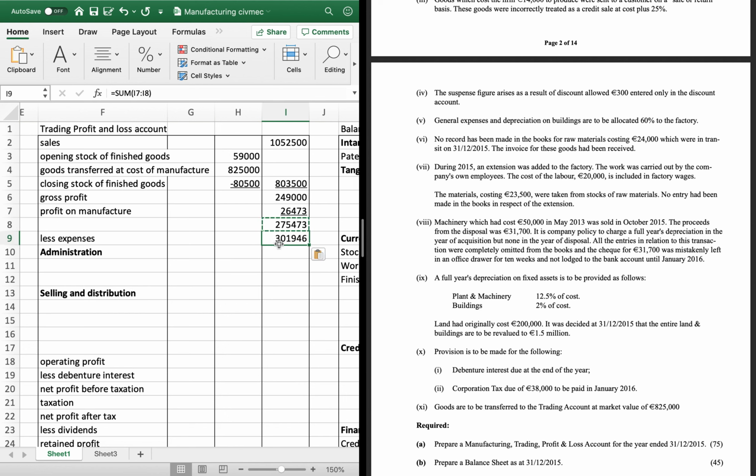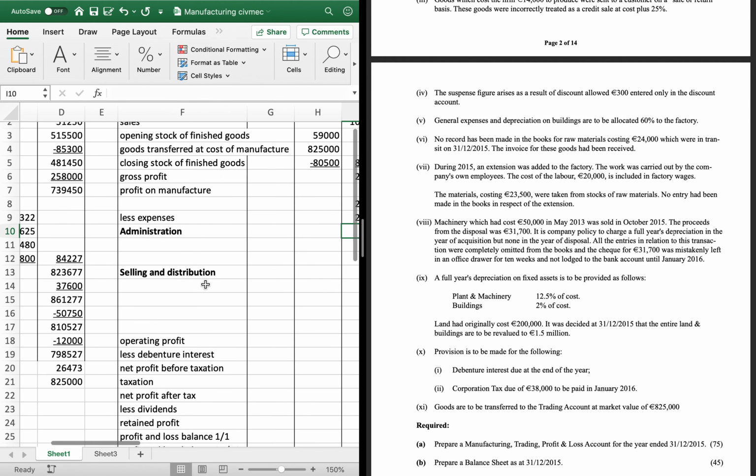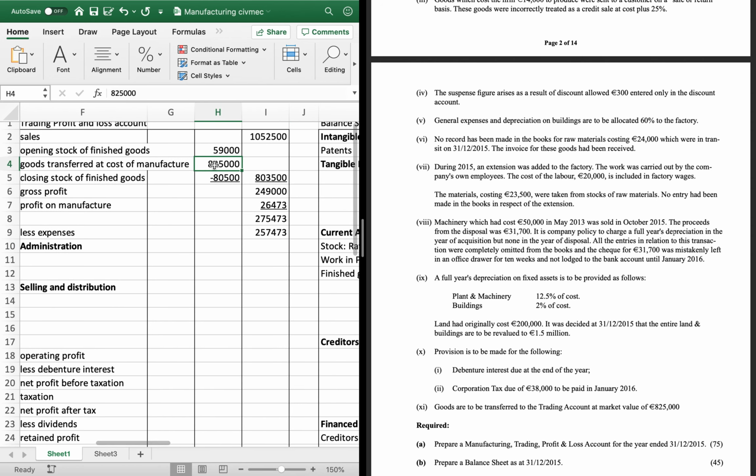So no, 257,473. If I just transfer in without doing any of that, so we transfer 798,527 and then take out this, you get the same number. Okay, so it doesn't actually matter. You would get the same number regardless.